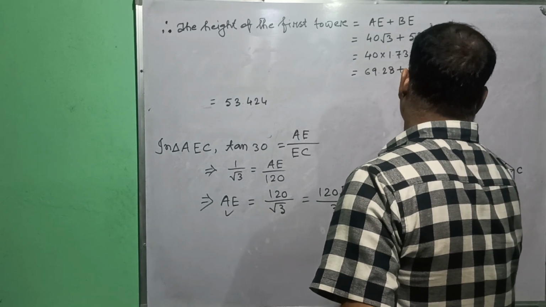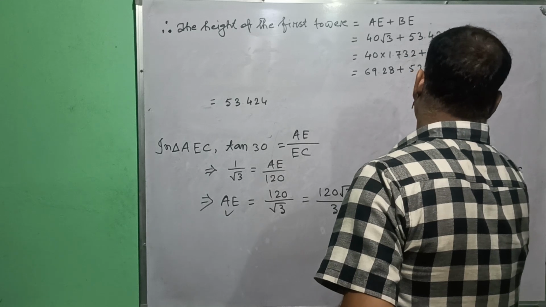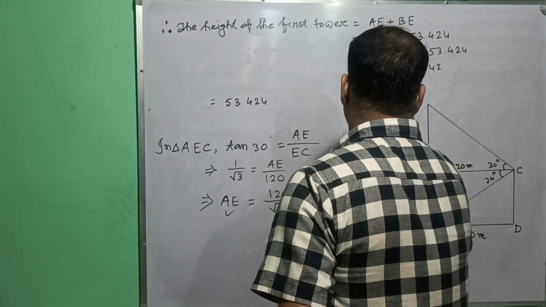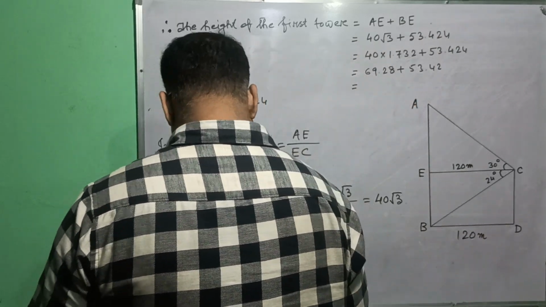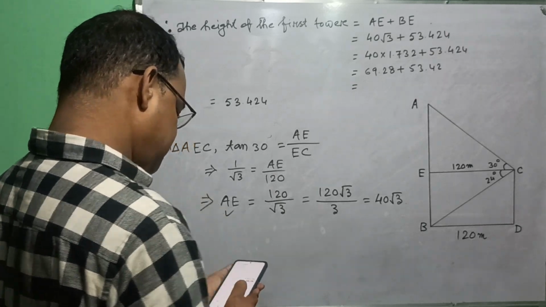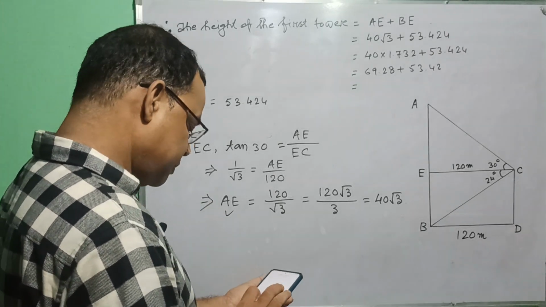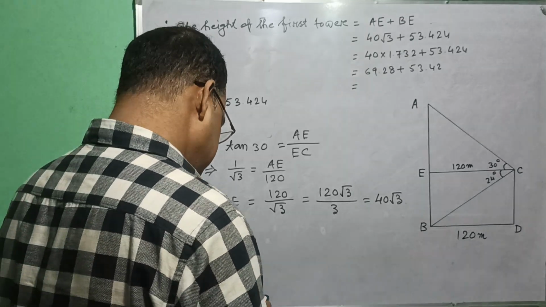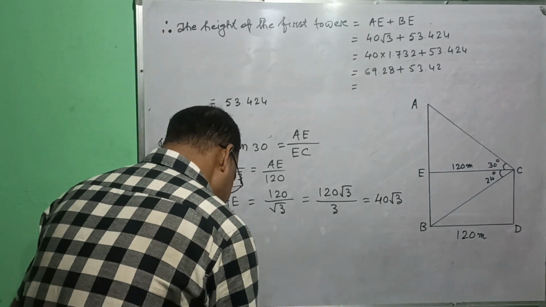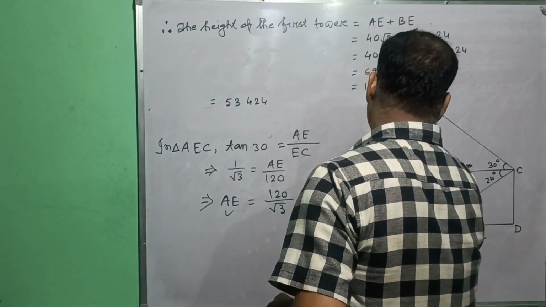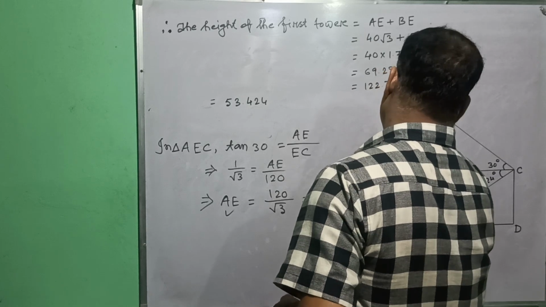So it is 69.28 plus 53.42, up to 2 decimal we can write. If we add it, it gives 122.7.